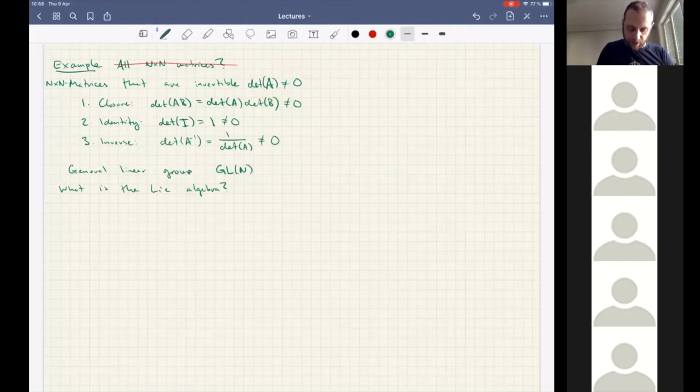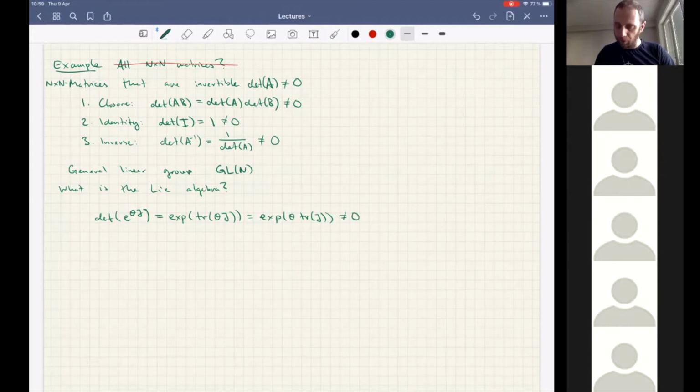So if we write down the determinant of e to the theta J, we can use the relation that this is actually the same thing as the exponent of the trace of theta J, which, since the trace is linear, is the exponent of theta trace J. And this should be non-zero.